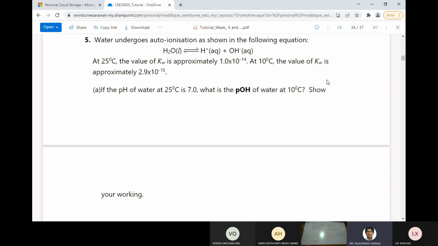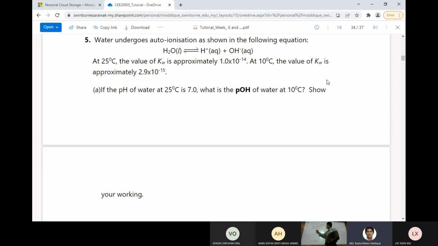So in this case, it says water ionization, and at 25 degrees it is approximately 10 to the negative 14, and at 10 degrees 10 to the negative 15, and the pH at 25 degrees is 7. What is the pOH of water at 10 degrees centigrade? The pH of water at 25 degrees is 7, but it is asking me for pOH at 10.